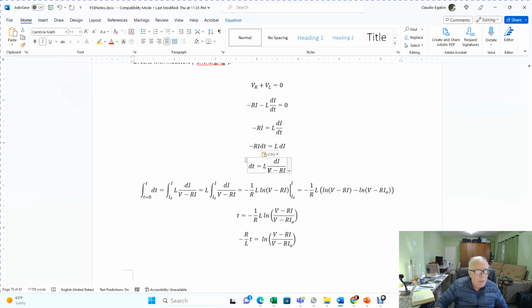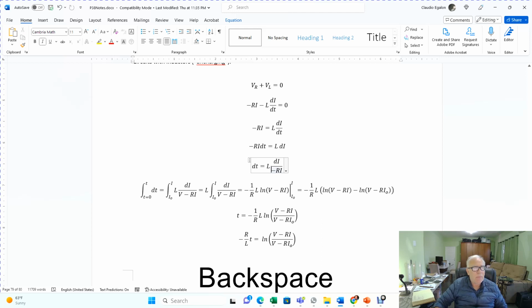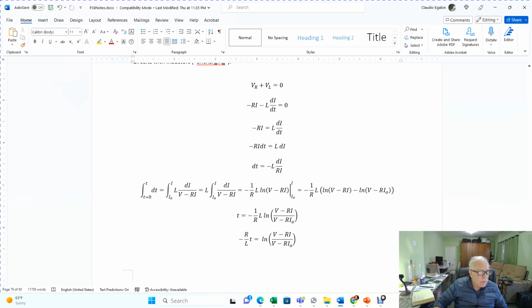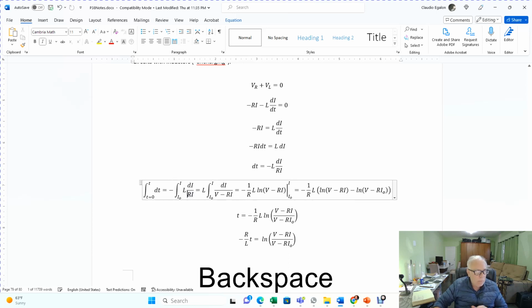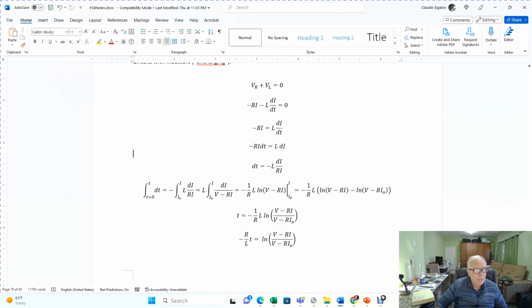Now the minus sign can go outside this term, and L dI, we are separating the variables.